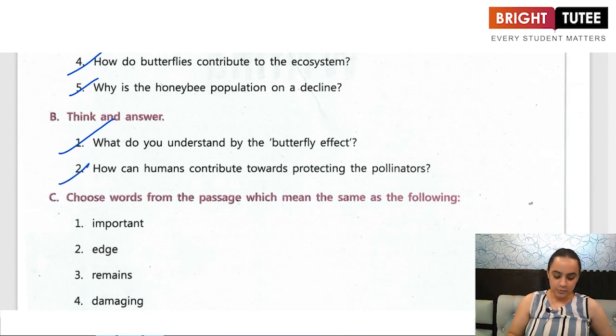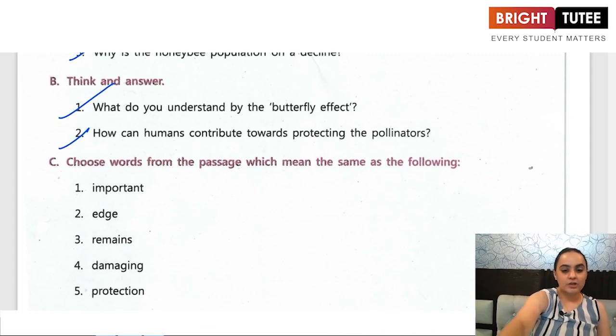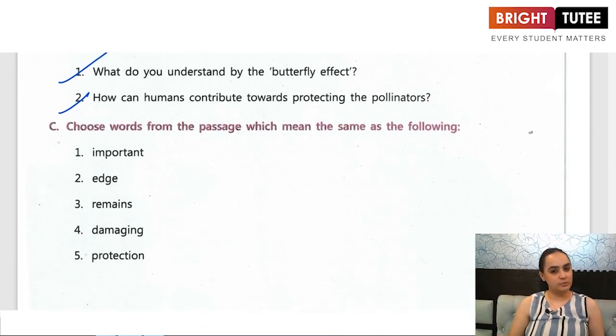How can humans contribute towards protecting the pollinators? By protecting our habitat, by conserving our nature, and by not bothering and troubling these petty pollinators. I think that is all that we can do to help them. Okay. Choose the words from the passage which mean the same as the following.